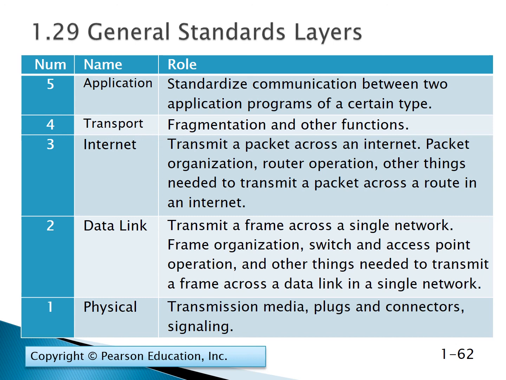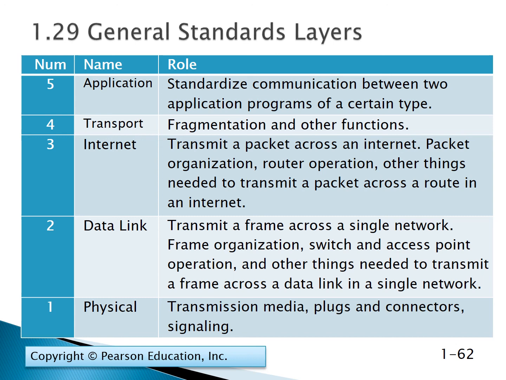In some other textbooks or models that you will see, a networking standard that people use is the ISO OSI model, where ISO is the International Standards Organization and OSI is Open System Interconnection. That one has 7 layers.